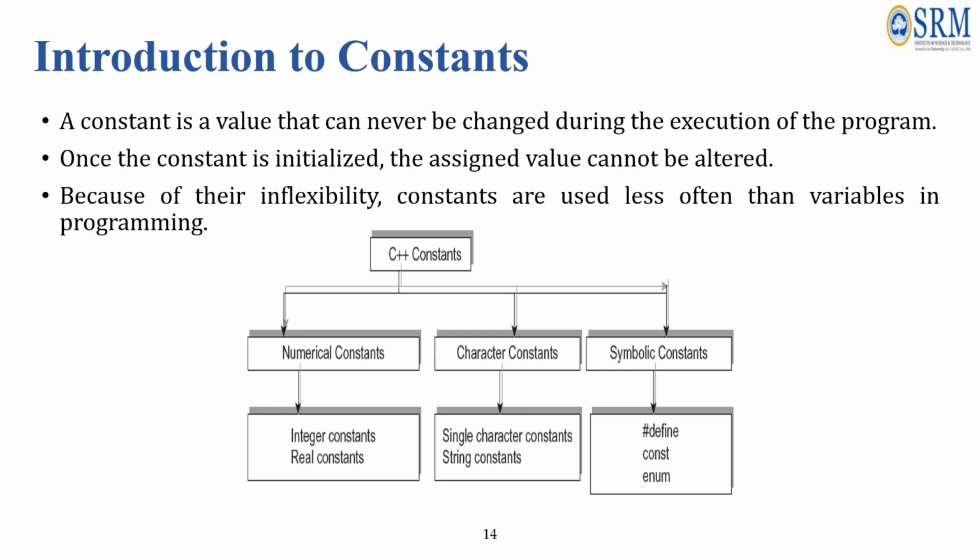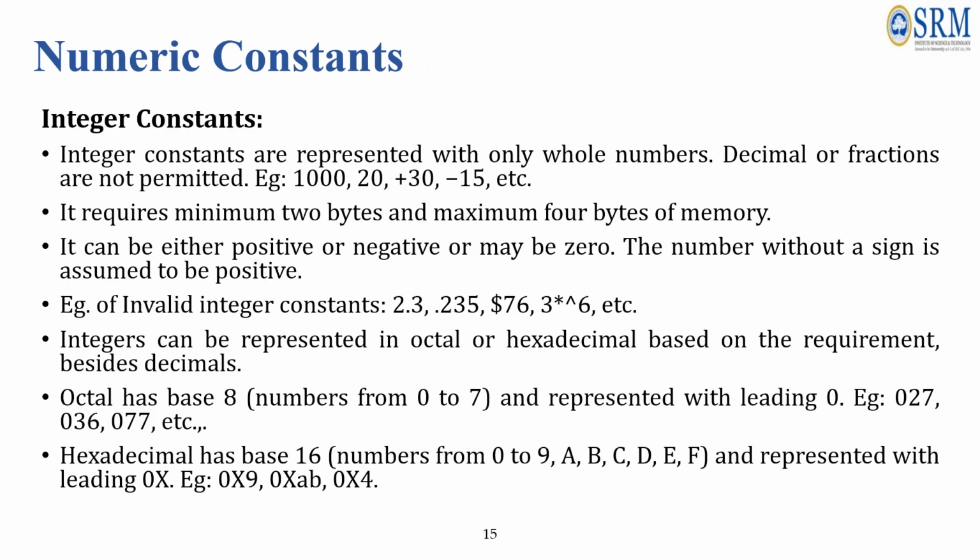We have three main types of C++ constants: numerical constants, character constants, and symbolic constants. The first one is the numerical constant. What is a numerical constant? There are two types: integer constant and real constant. Any whole number can be represented as an integer constant.